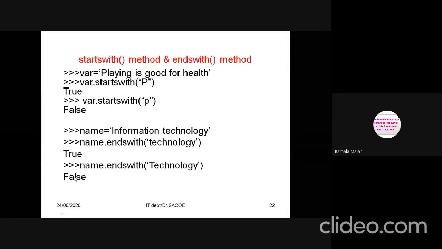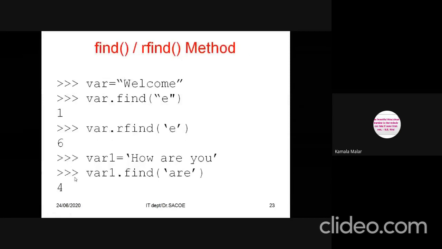So next, find or rfind. Find means it searches from the left. For example, for the string welcome, if you want to find the letter e, we already saw it will return position 1. So from left to right, when it encounters the first letter, it will return the index of that particular position, 1.